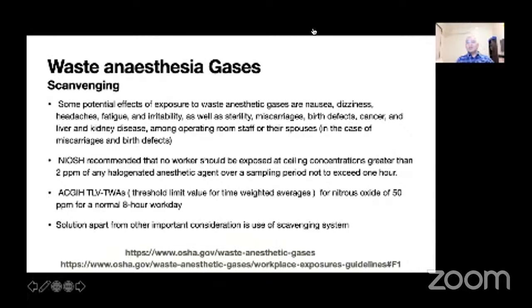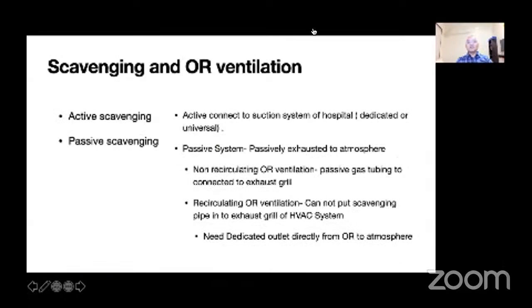There are various solutions which already exist, like keeping a tight mask fitting, avoiding spillage, keeping the inhalation anesthetic vaporizer closed when you take off the mask for intubation, and so on. There are so many methods described, but one important consideration as per OR ventilation is the scavenging part.